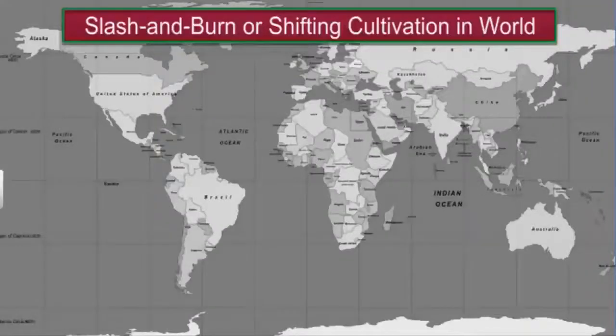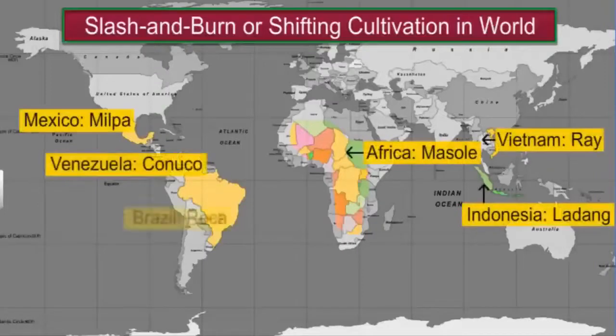Besides India, slash and burn or shifting cultivation is practiced in many parts of the world and is known by different names as shown on this map.